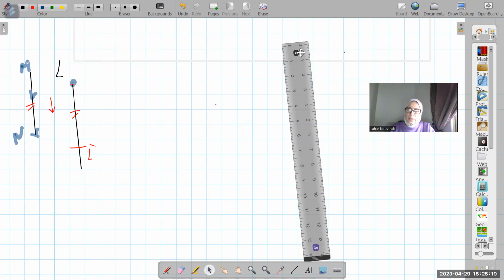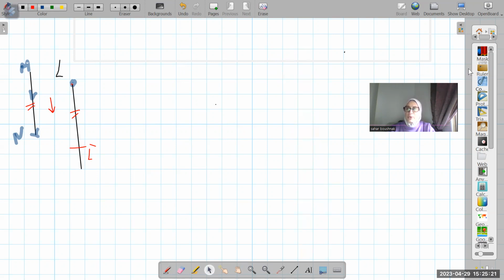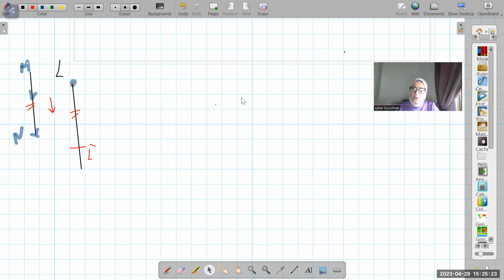In the end, let's remember together how I can make rotation. So now, let's take this example. If I want to rotate point W, rotation must have a center and a measure of angle.